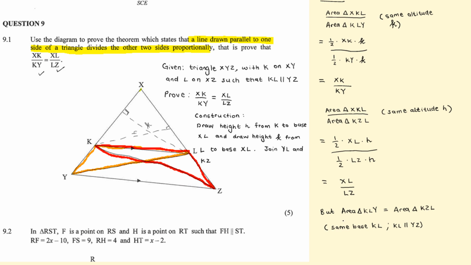That's the reason for saying that these areas are equal. Now, because the top triangle is exactly the same, these two fractions are equal to each other.